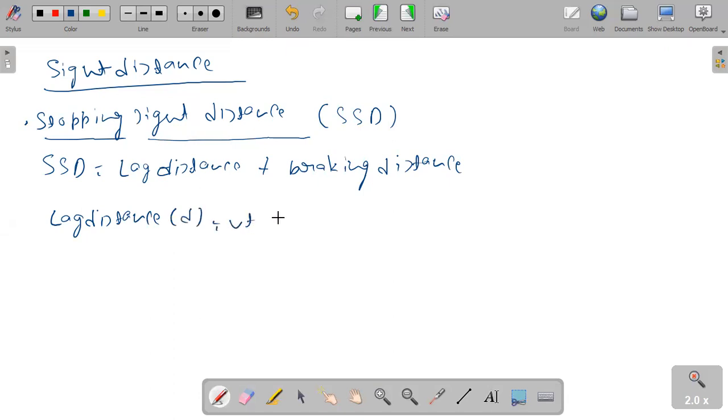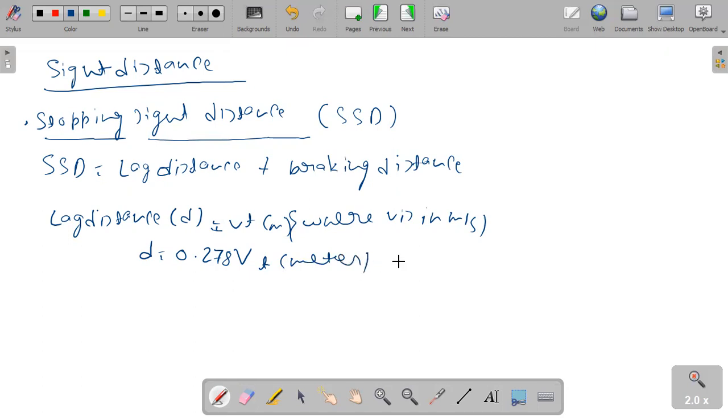Its formula is vt, where v is in meter per second. If v is in kilometer per hour, then d is equal to 0.278 vt. This is in meters, and here v is in kilometer per hour.